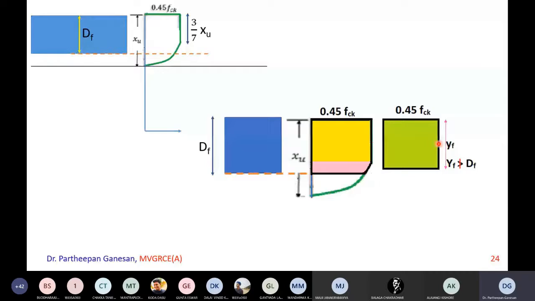That is why in the previous equation you see 0.45 fck (bf minus bw) into Yf, because you are changing the thickness of the slab to Yf to get a uniform stress distribution, and that is why Df is modified to Yf. So whenever Df by xu is greater than 0.43, Yf comes into the picture. Yf is defined in the code as 0.15 xu plus 0.65 Df. Now tell me, is there any doubt?